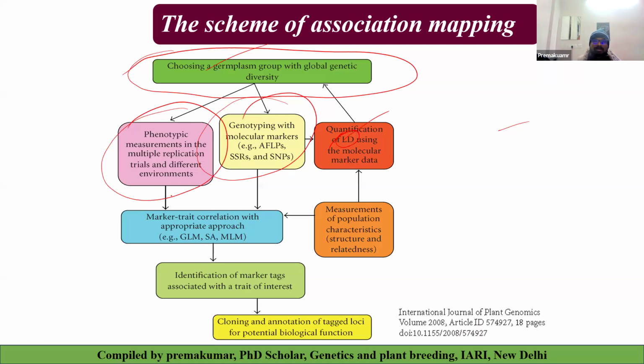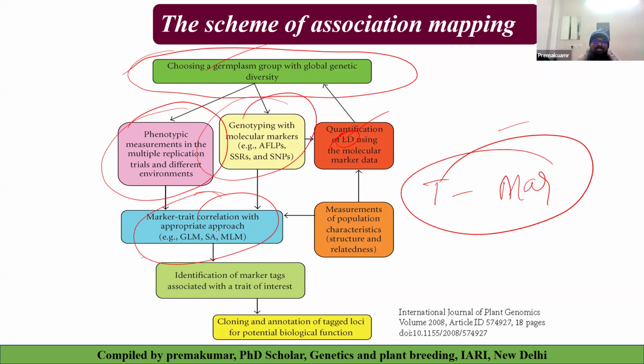After estimation, there are several models to associate the trait and the marker, such as the general linear model, structured association model, mixed linear model, BLINK model, FarmCPU.